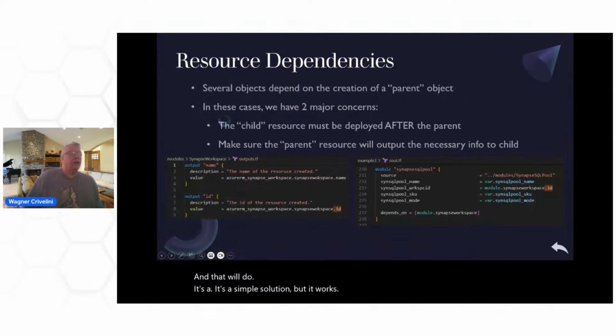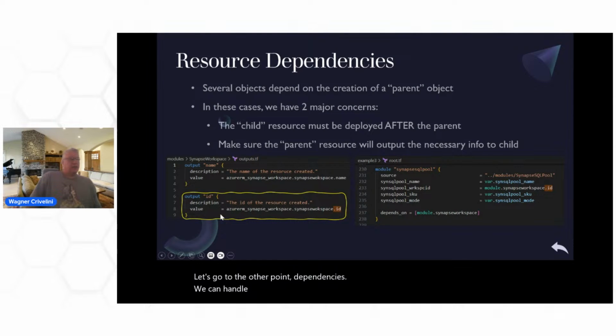Let's go to the other point: dependencies. Well, we can handle dependencies with things like this. You see, to deploy a SQL pool, I have to know the workspace ID that was created before.